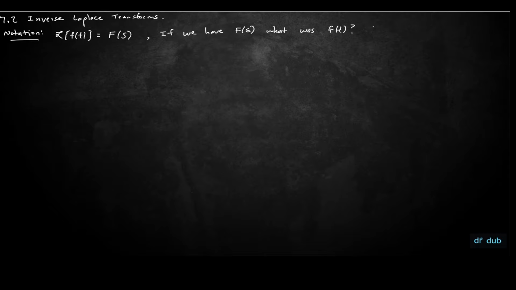We use the inverse Laplace transform to do that. So inverse Laplace of capital F of s is equal to little f of t. We call this the inverse Laplace transform.